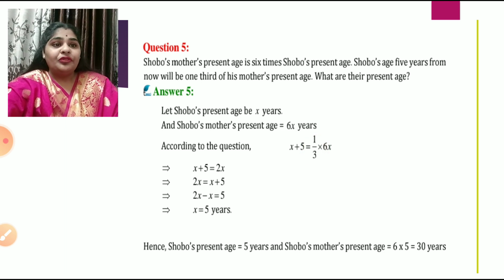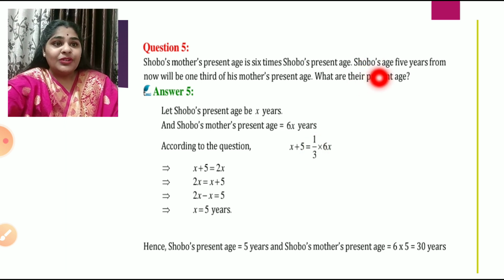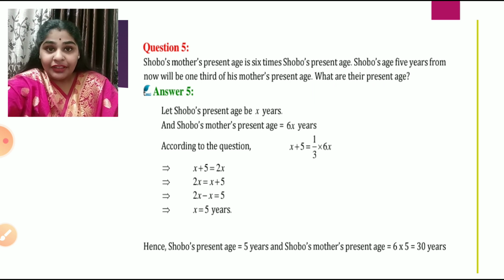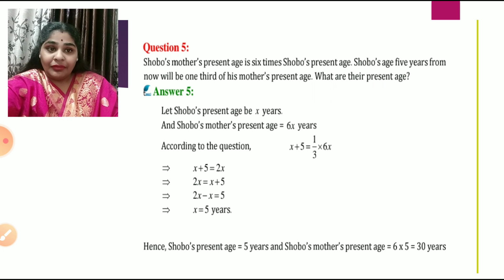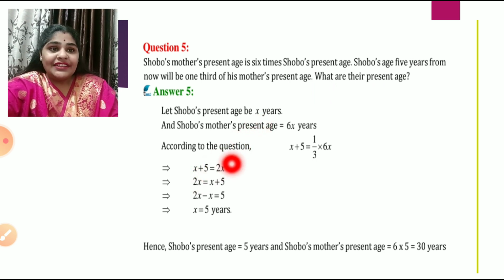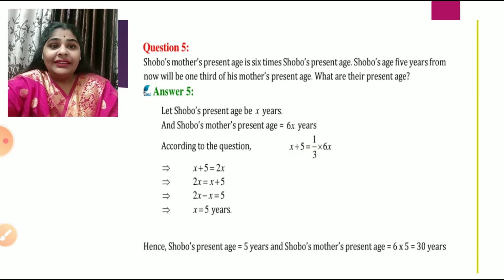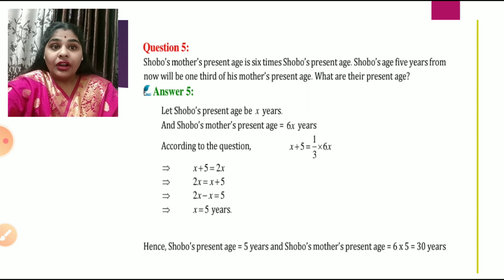Now they have told further that Shobo's age 5 years from now, 5 years later from now means plus 5 years, right? He will be increasing 5 years. So now it will be x plus 5 years, right? Shobo's age will be x plus 5 years, and it will be 1/3 of his mother's present age. 1/3 of, you have already studied, it is multiply.